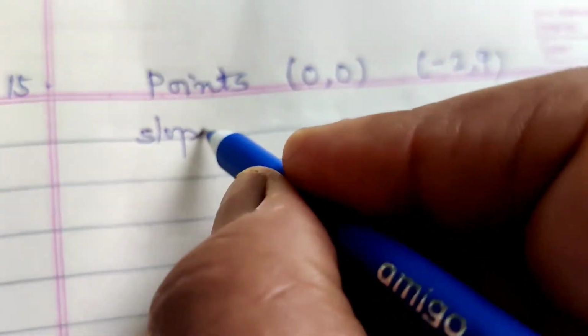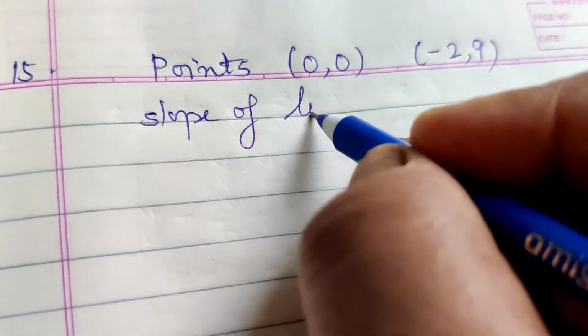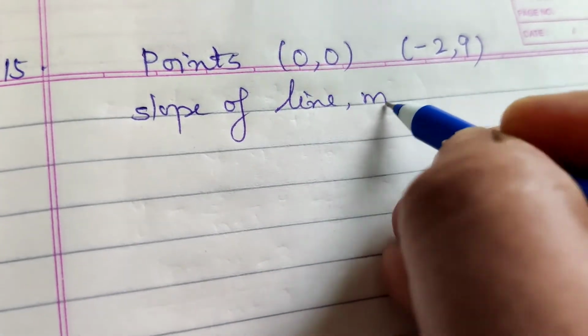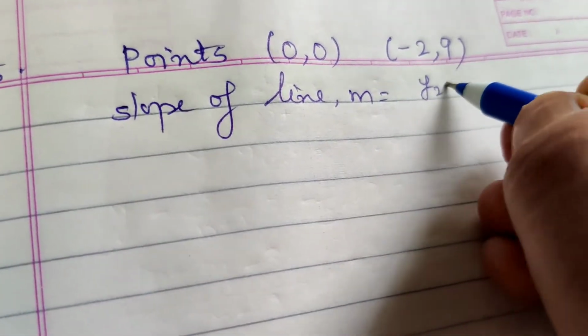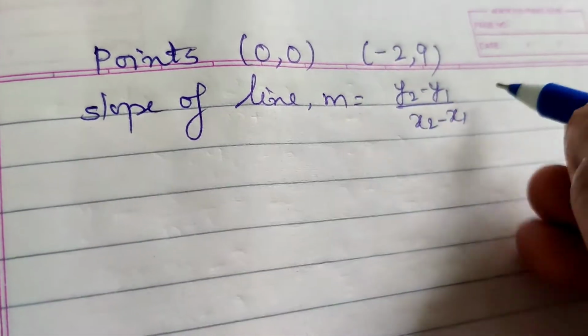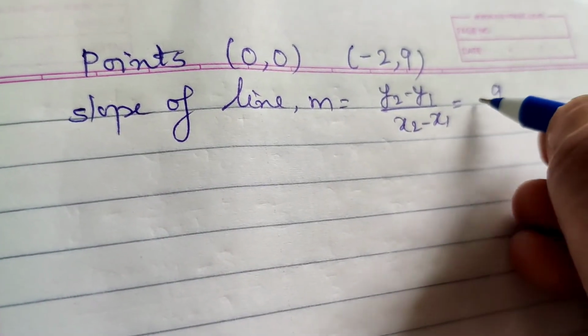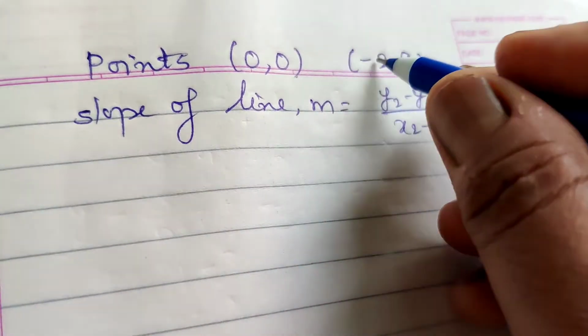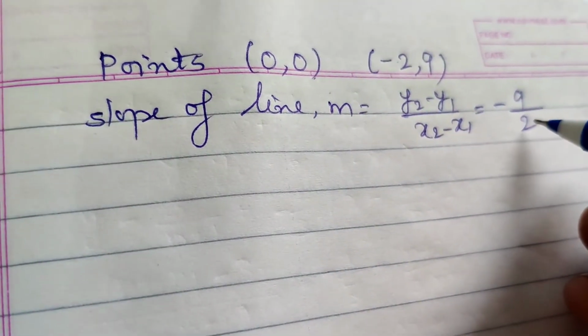Now the slope of the line: m equals (y2 minus y1) upon (x2 minus x1). It is equal to (9 minus 0) upon (minus 2 minus 0), so it is minus 9 by 2.